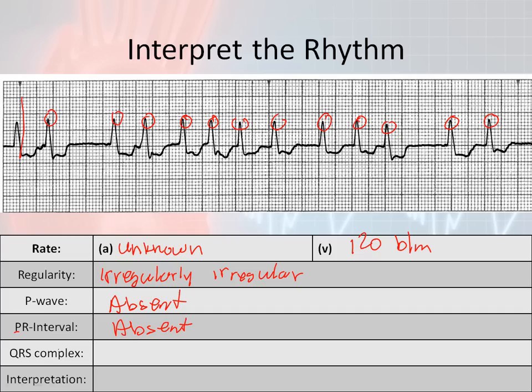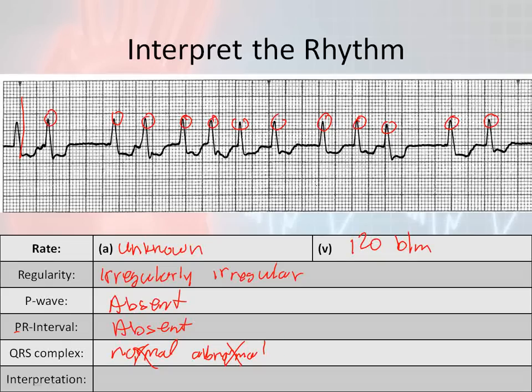Now my QRS complex, what I want to do is look at it. For the interpretation of my QRS complex, I do not want to have normal or abnormal. What I want to see is the actual duration of the QRS complex.